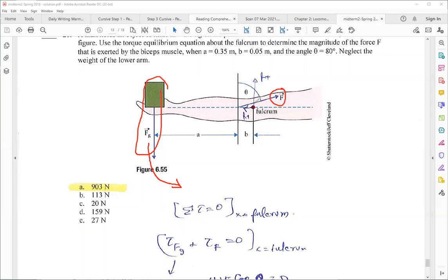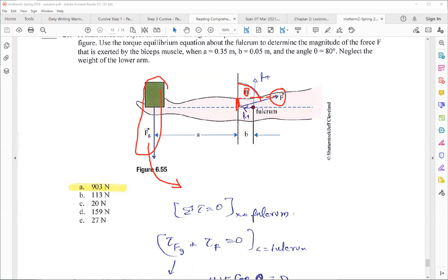So if we look closer here, you see that the force is acting at an angle theta, and you see the angle theta is provided with the vertical, not the horizontal. Because the angle is with the vertical, I want you to pay attention.